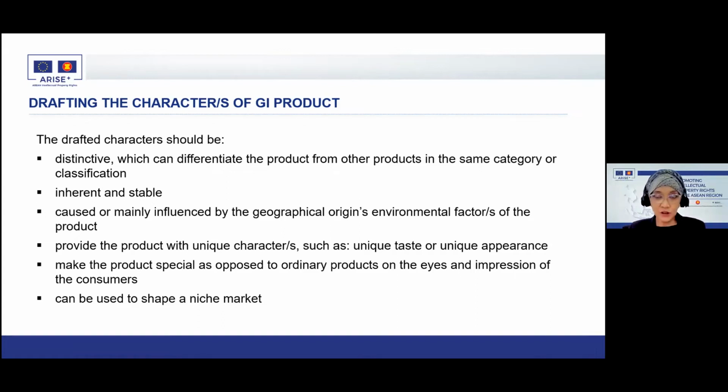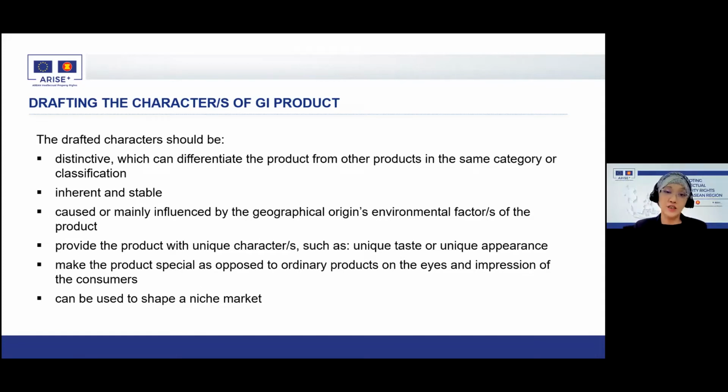Not the sign or the label that should be distinctive, but the character. The character of a GI product should be distinctive, which can differentiate the product from other products in the same category or classification of GI.